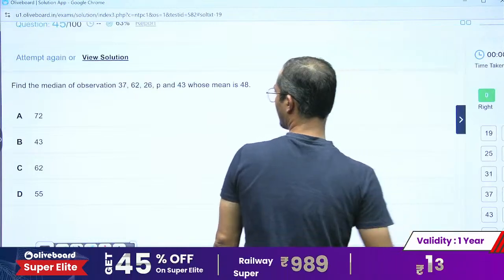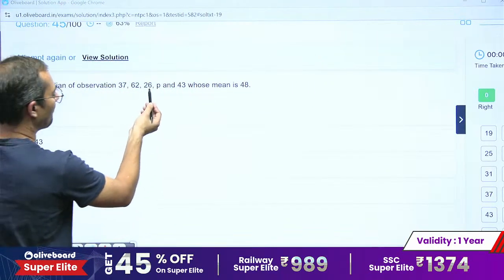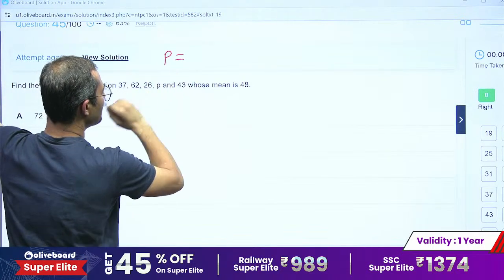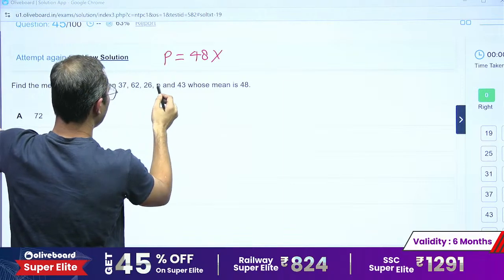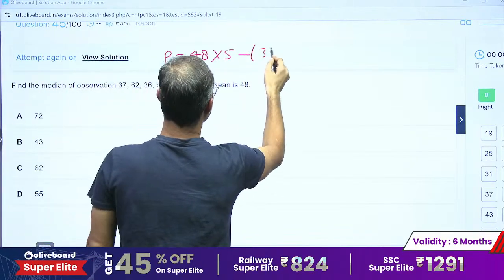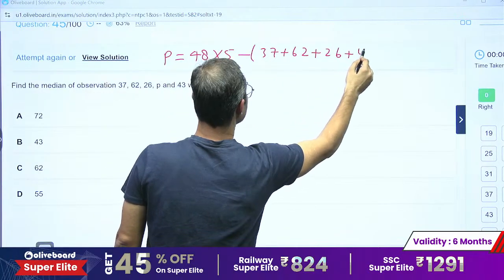Yes. See the median of the observation. If we have to calculate the value for P, so we can say that P is going to be 48 into 5 minus 37, 62 plus 26 plus 43.